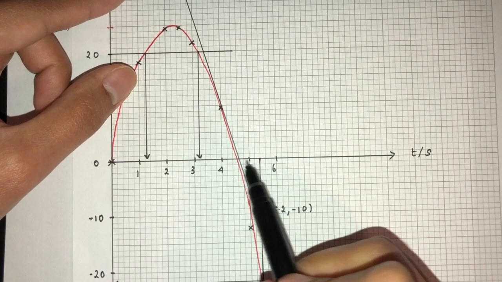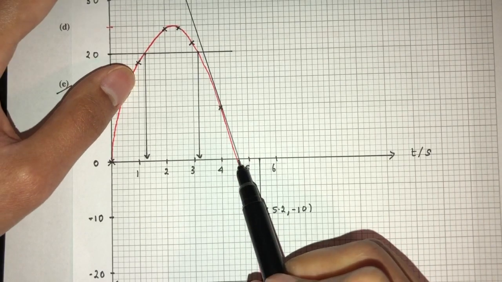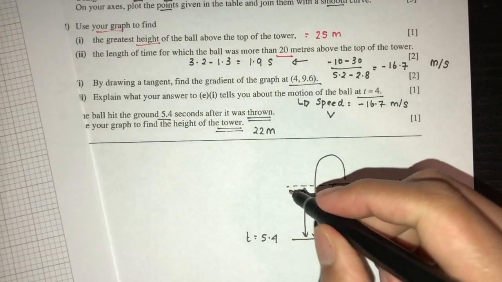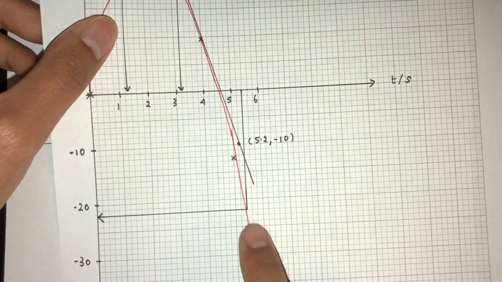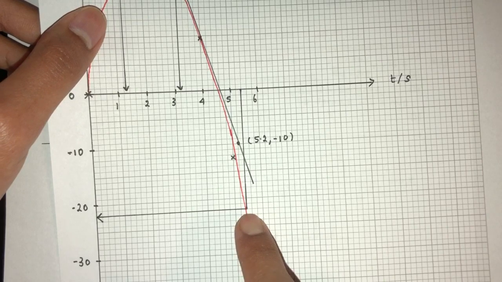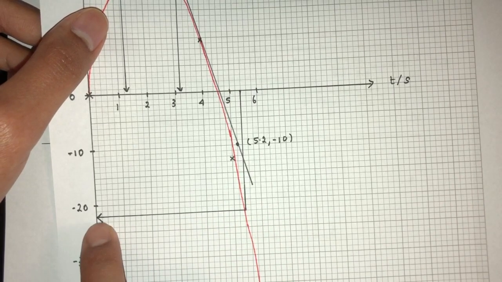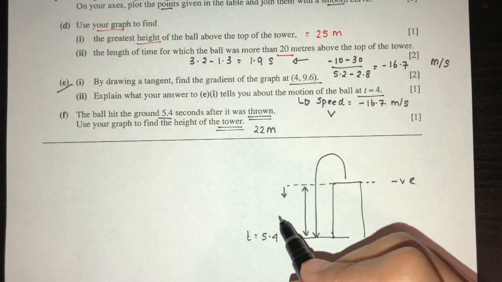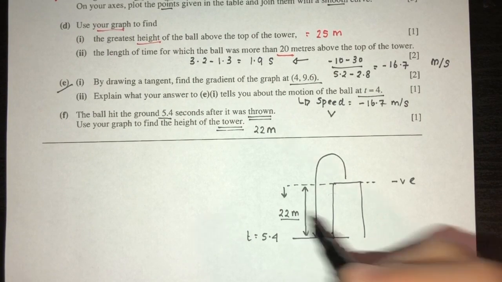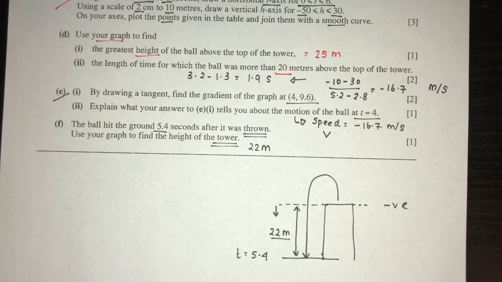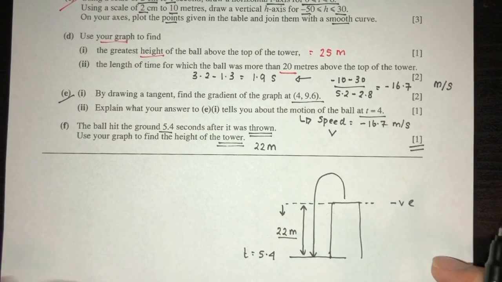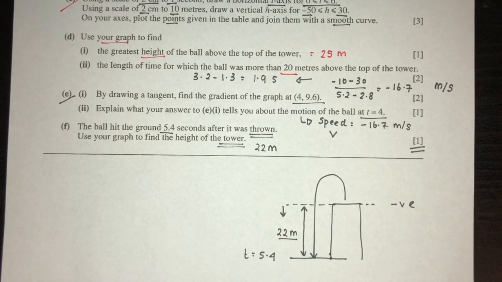So basically, when the time is 4.6, I would say, it began falling below, and when it hits the ground, it was at this time, so the corresponding height will be 22. The height is 22 meters according to my graph. Your graph may be different, maybe 25, 24, but it should be shown how you found your answer. That is only 1 point. It is pretty easy. That is your question number 10.